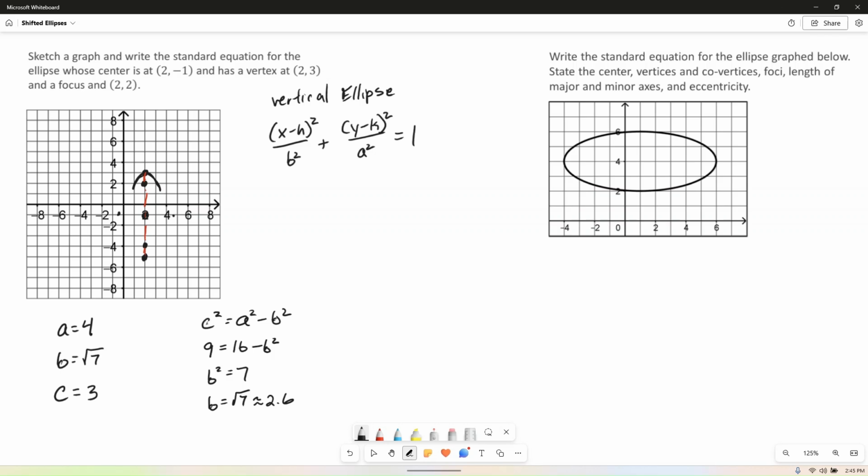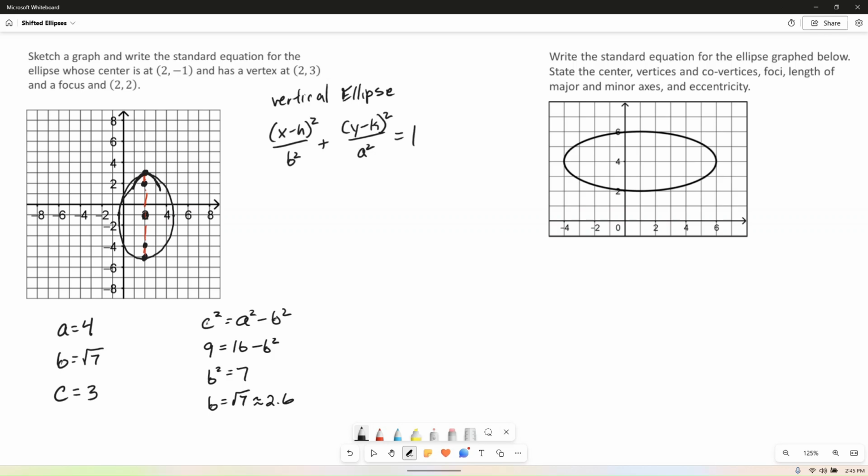So we're going to travel 2.5 units to the left and 2.5 units to the right, and we can see our ellipse is going to look something like that. It is taller than it is wide, so it is vertical. And so now we can go ahead and finish writing our equation.